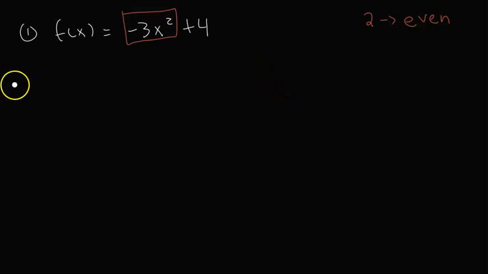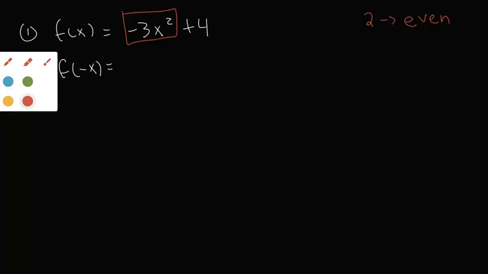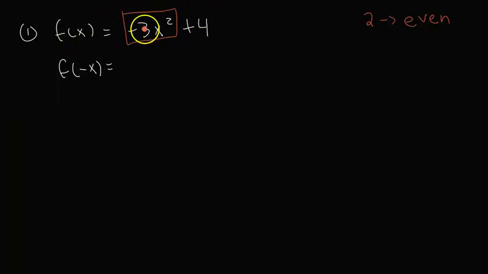Now to actually test it out, what we do is we plug in an f of negative x, okay? So we plug in this negative x into our function instead of the x to see if we're going to get the same thing. Because remember, like I said before, our objective is to end up with the same thing.